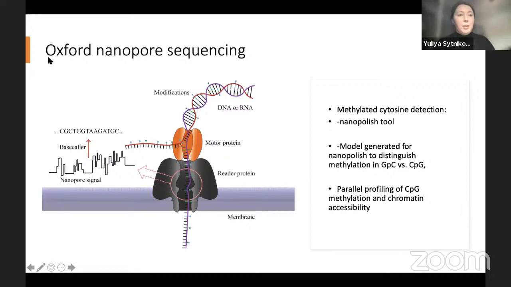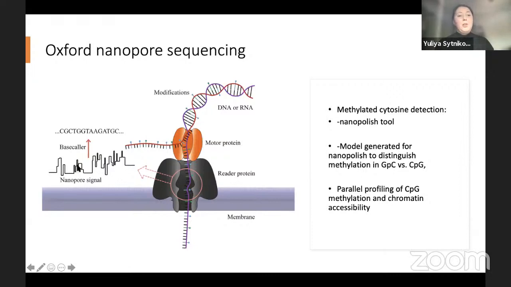So here comes a new method based on the Oxford Nanopore platform. This is so-called direct sequencing of DNA. Basically it's based on passing DNA through the pore with the assistance of a motor protein, and as DNA passes through the pore, changes of electric current occur on the membrane.